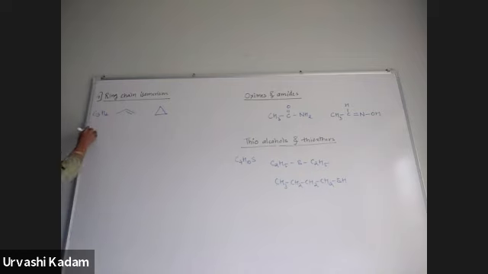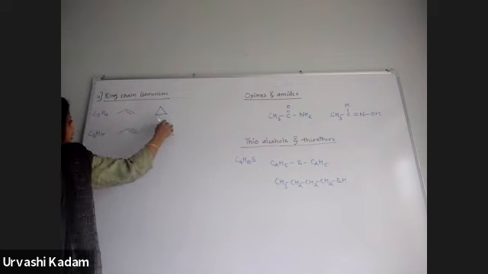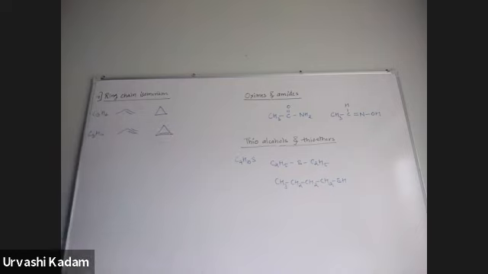Or if I take a formula C3H4, so a 3 carbon alkyne, and maybe a cycloalkene. What are they of each other? Functional isomers, right?